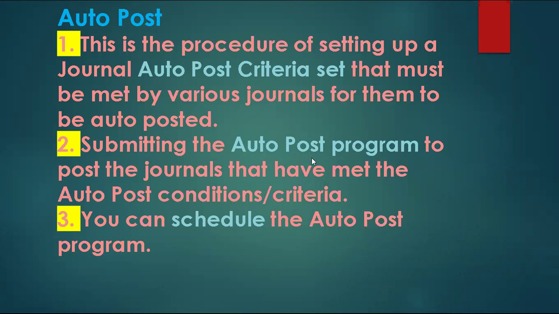So there is an Autopost program to post the journals that have met the Autopost conditions or criteria. These are the conditions I have mentioned above, which have to be met by the various journals for them to be auto-posted by this Autopost program.